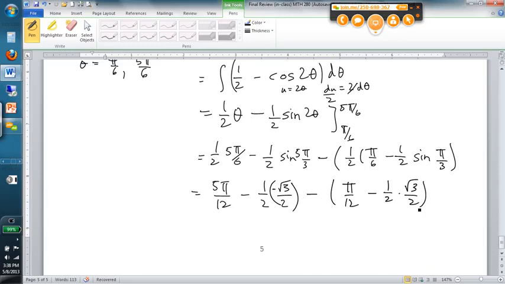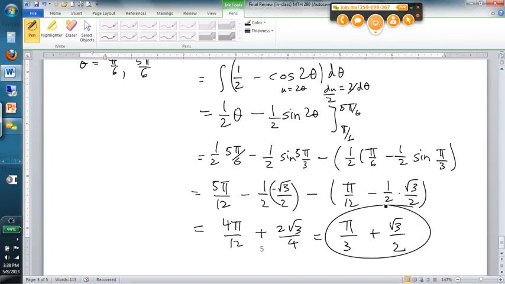So that would be plus 4 pi over 12, plus square root of 3 over 4, so that's 2 square roots of 3 over 4, which is pi over 3 plus square root of 3 over 2. Which I'm not really trusting at this point, but I think it's right.